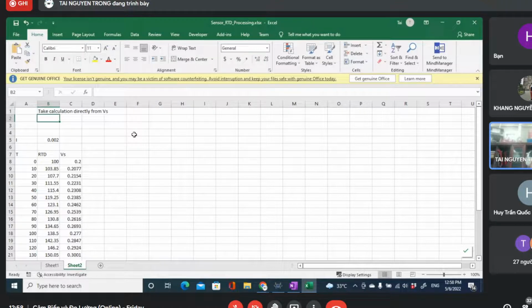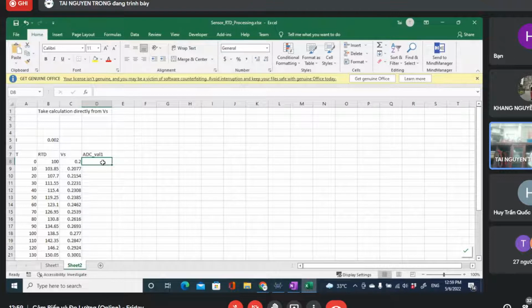The first one, we can take the calculation directly from Vs and the resistor, and then we can have the IDC value. Value 1 will be equal to Vs multiplied by 1023 divided by 5 volt.